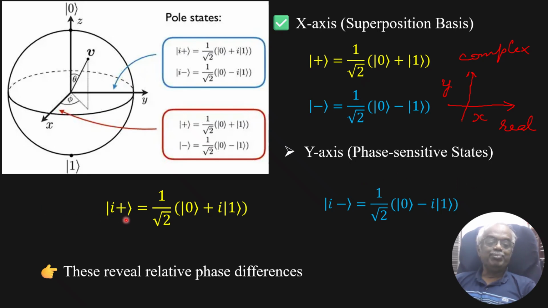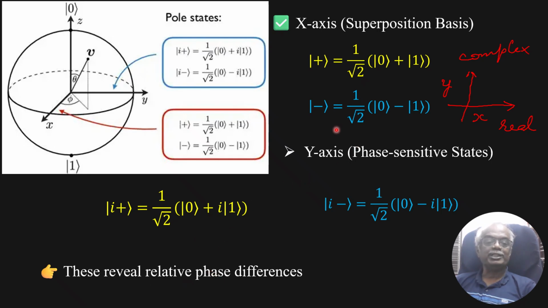So |i+⟩ indicates 1 over square root 2 (|0⟩ + i|1⟩). |i−⟩ is 1 over square root 2 (|0⟩ − i|1⟩). The same thing I have mentioned: this is the positive direction and this is the negative side. The same thing applies here. However, this reveals the relative phase difference.